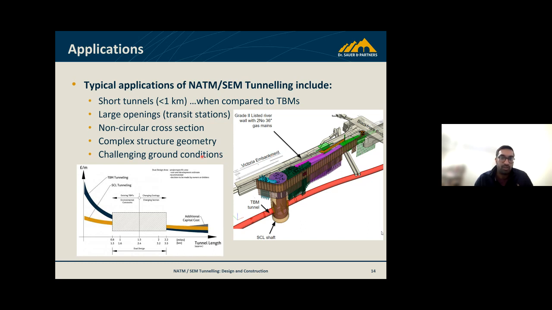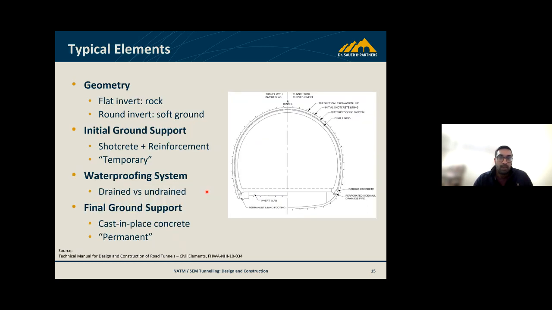Especially in challenging ground conditions and complex structures. I know a lot of times that seems like what is not conducive to SEM, but if the design is looked at correctly and you have experienced engineers, then it's definitely a method that can be utilized for all of that as well.